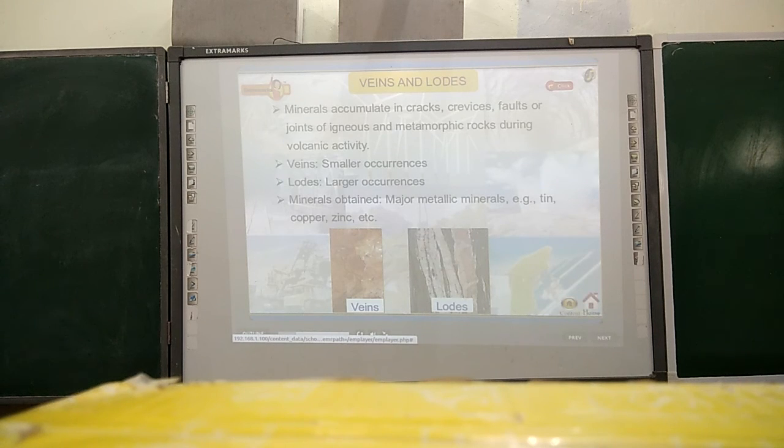Those joints will be filled by the variation of rocks, right? So the smaller occurrences are called veins. The larger occurrences are called lodes.